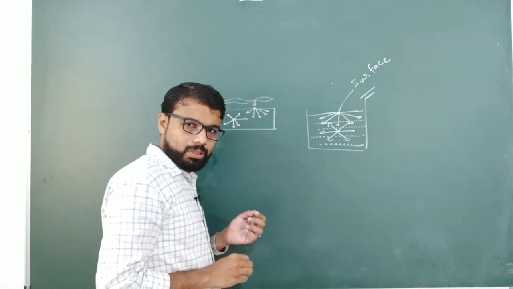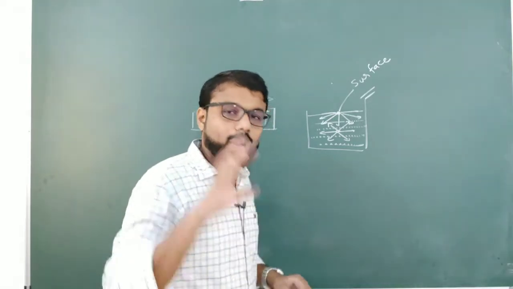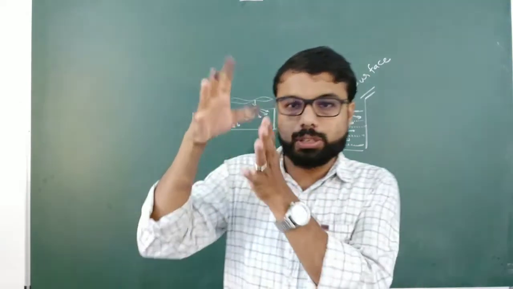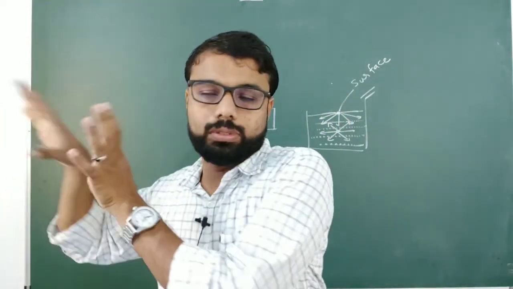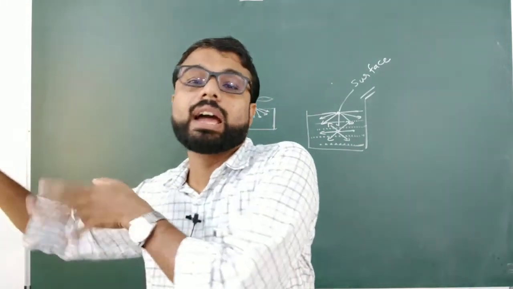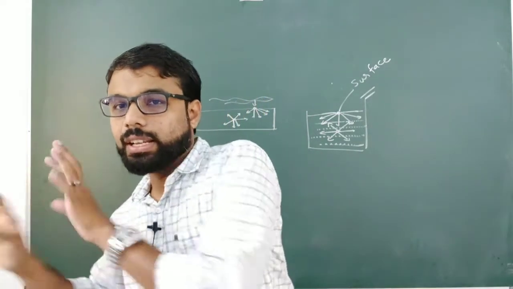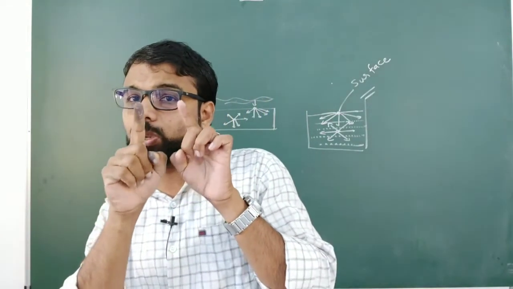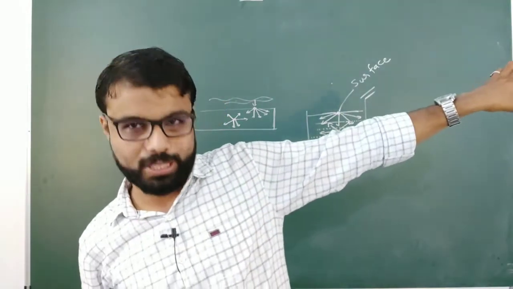Clear? You are getting it? Just imagine you are on a wall. From that wall, you are going to fall to one side. That means there is a gravitational force to that side. In order to get stability, your hand will go to the opposite side.